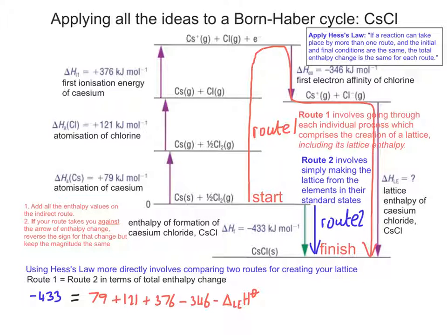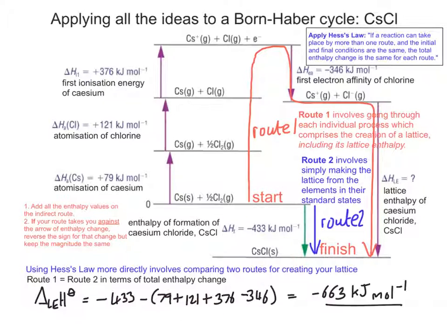Now what we've got to do is rearrange to make the lattice enthalpy the subject, which also gives us minus 663 kilojoules per mole to the minus 1. So the two different techniques end up with the same answer.